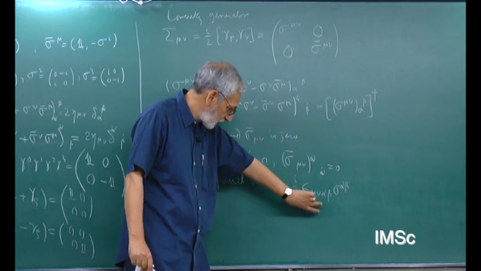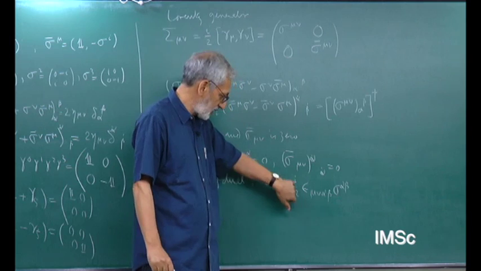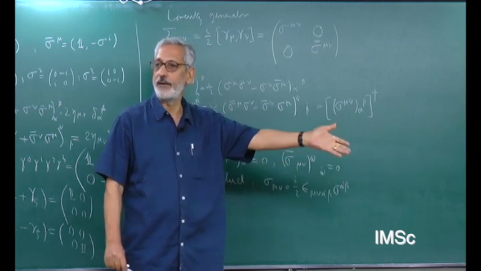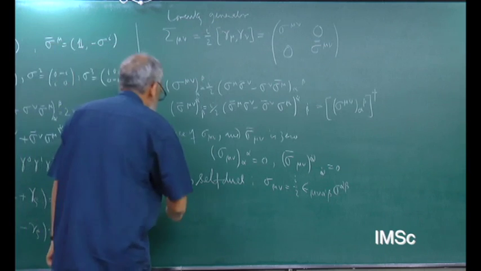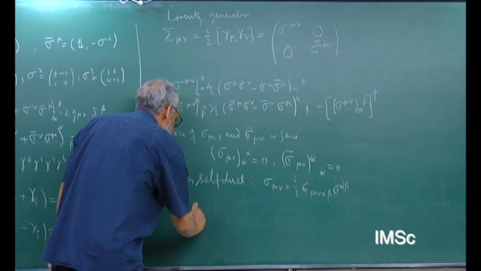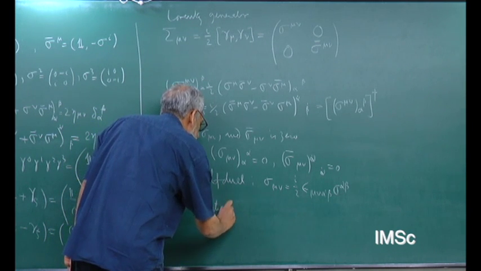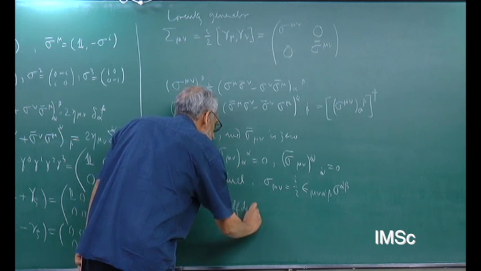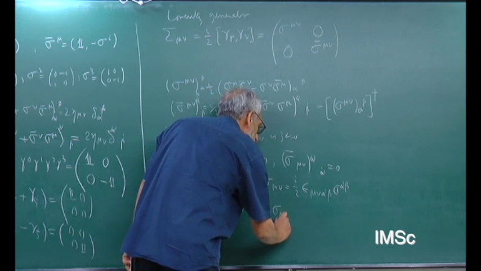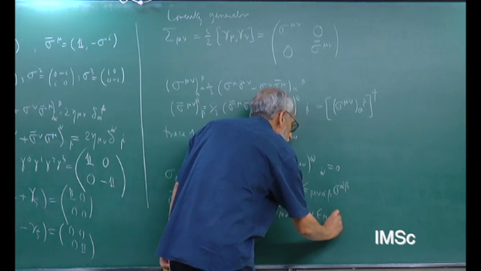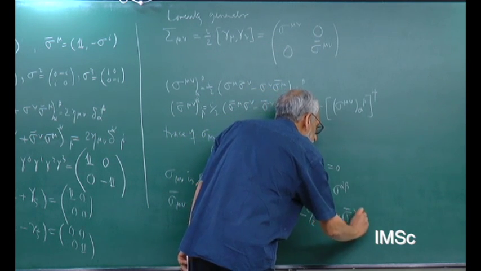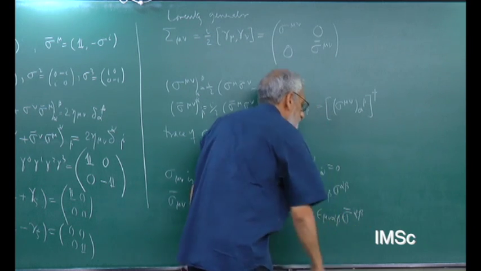This operation of multiplying by epsilon mu nu alpha beta with a factor of I by 2, we call the duality change. So if something under duality is itself, we call it self-dual. And sigma mu nu bar is anti-self-dual. That is, sigma mu nu bar is the same as minus I by 2 epsilon mu nu alpha beta sigma bar alpha beta.